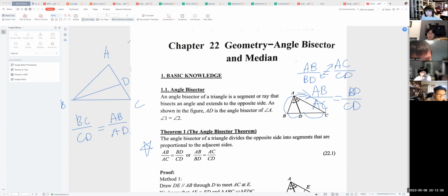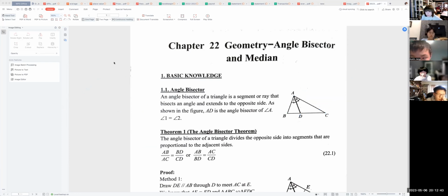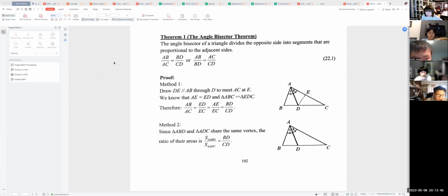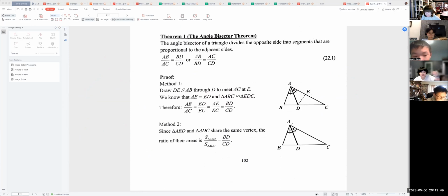I'm not going to use the regular similar triangle way to prove that, but I'm going to use the trigonometry way. Let's everybody take a look at method two. Because ABD and ADC share the same vertex and are inside triangle ABC, the area of triangle ABD to the area of triangle ADC is just BD to CD.